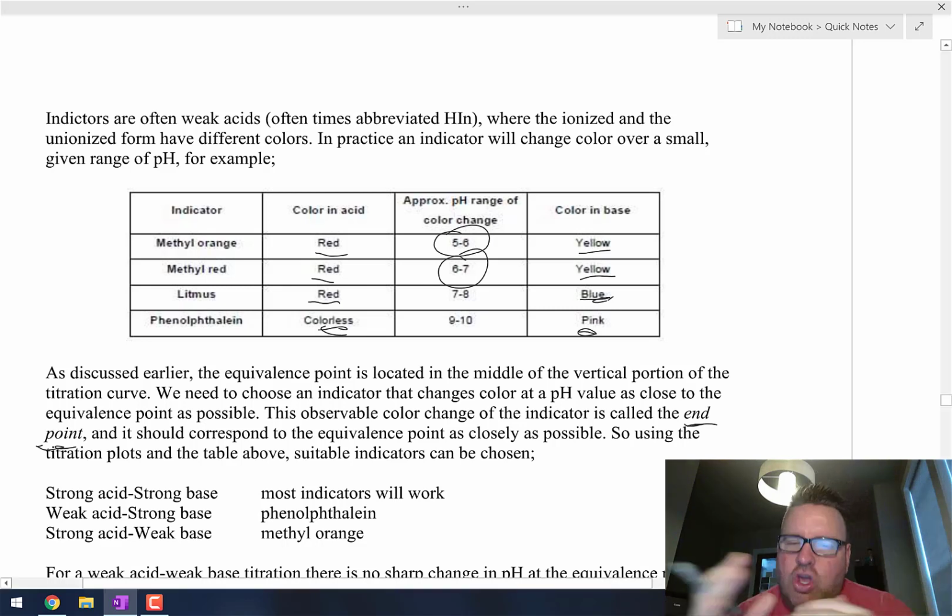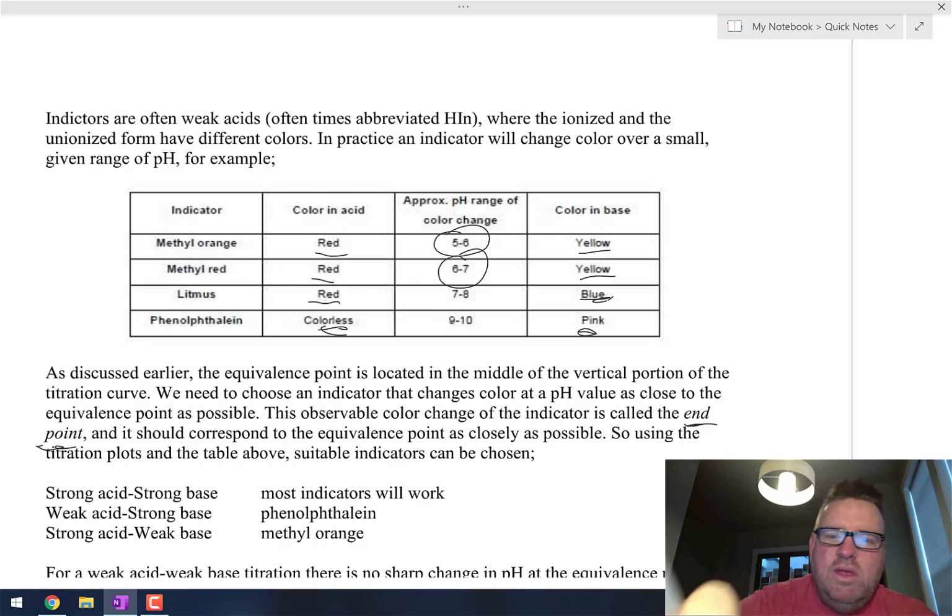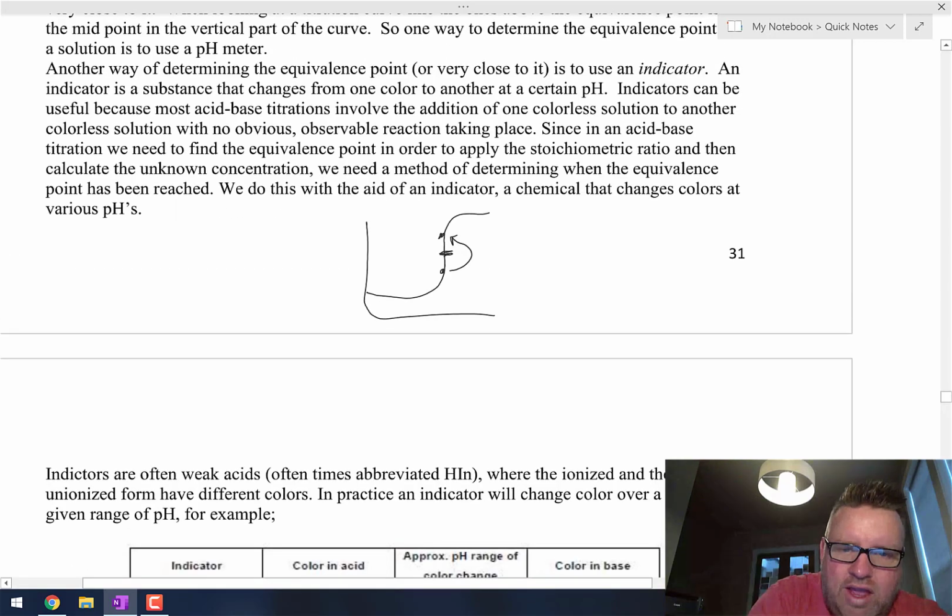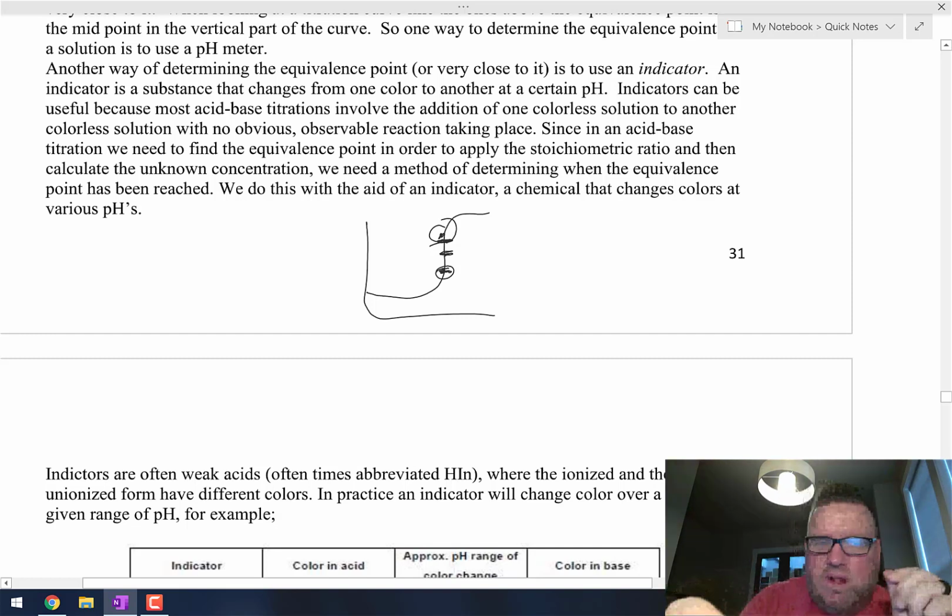You want that end point to be as close to the equivalence point as possible. Because like this drawing up here, if it doesn't change color until right here, let's say, does it really matter? You probably haven't even added any more solution to go from this point to this point; that's probably just a very, very small amount.